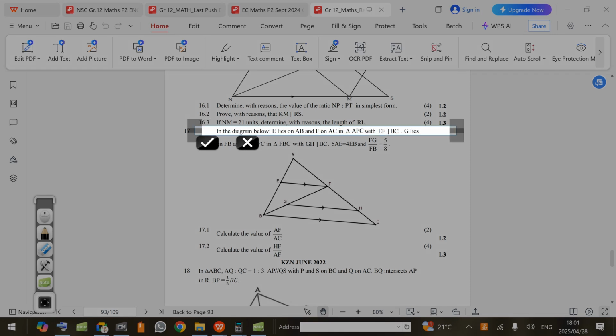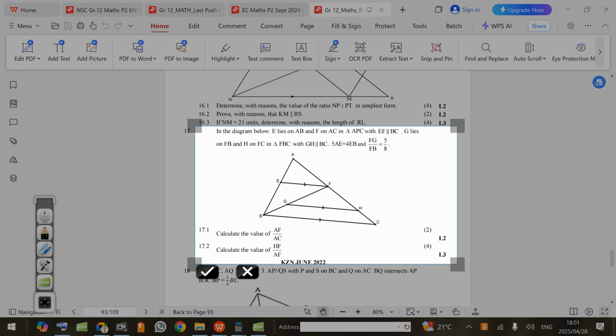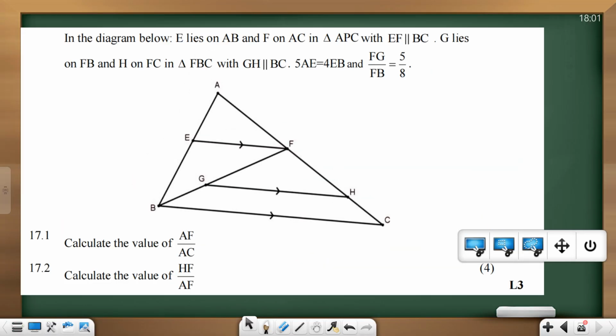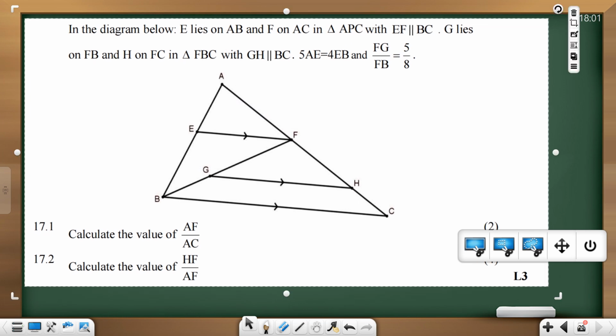Please, I'm going to need you to work with me. You're going to try as well. Based on what you have learned, I'll give you time. In the diagram below, E lies on AB and F on AC in triangle ABC, and G lies on and so on. Now, look, when I see 5AE equals 4EB, change it back into a ratio.